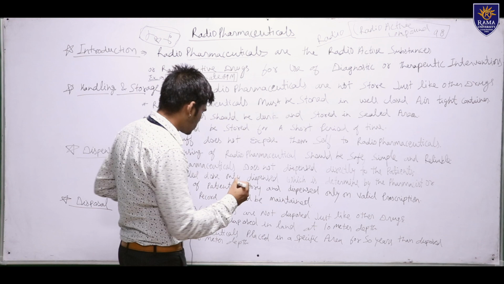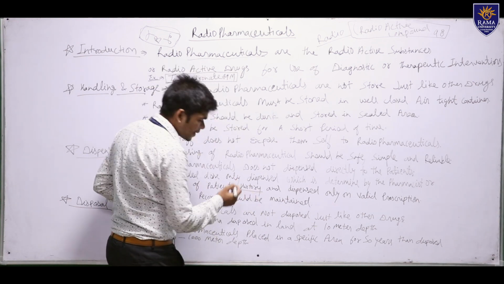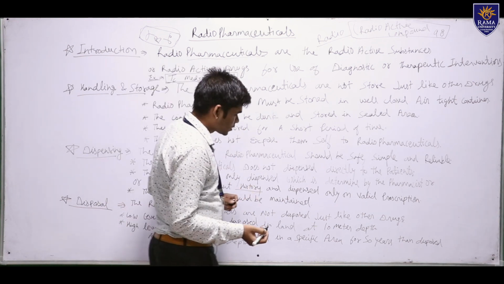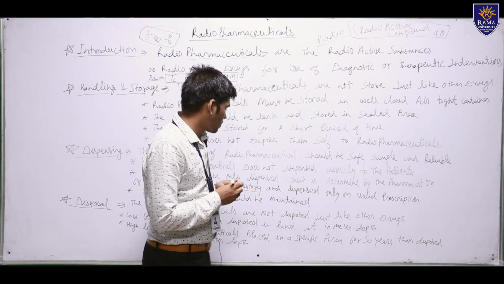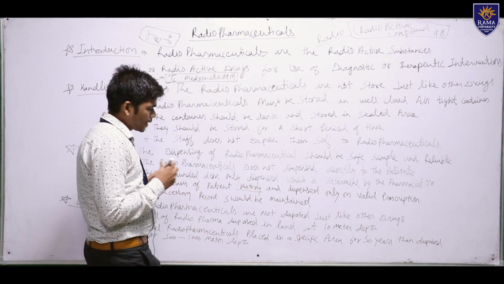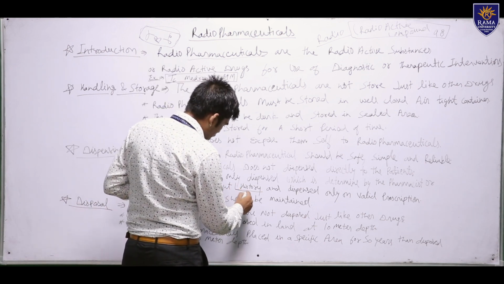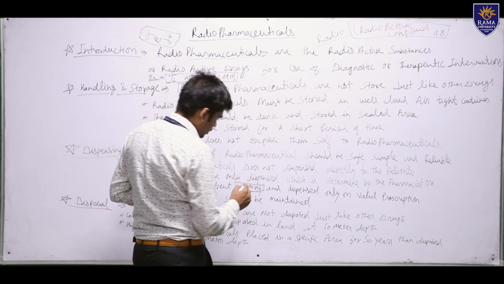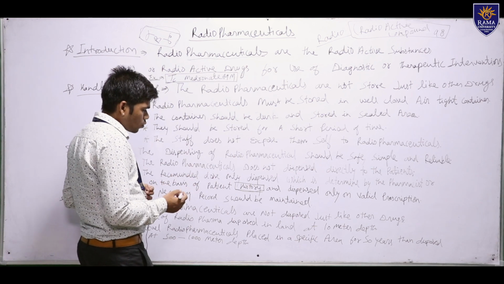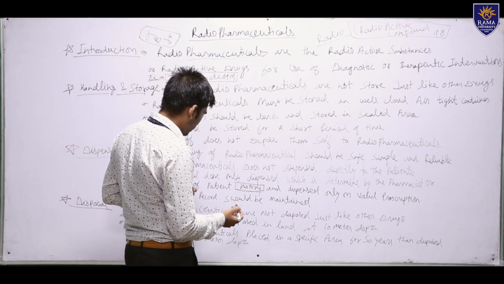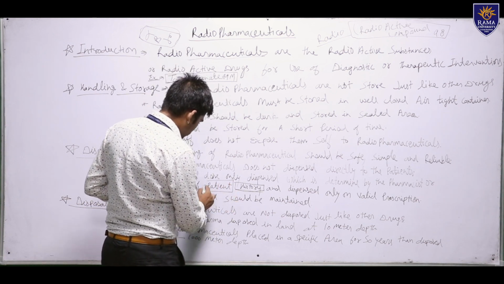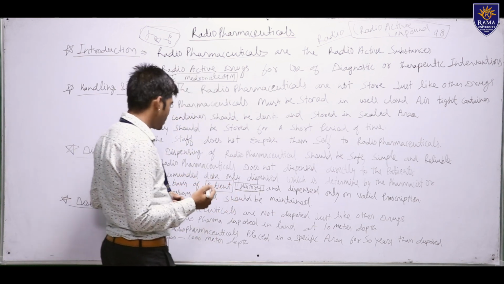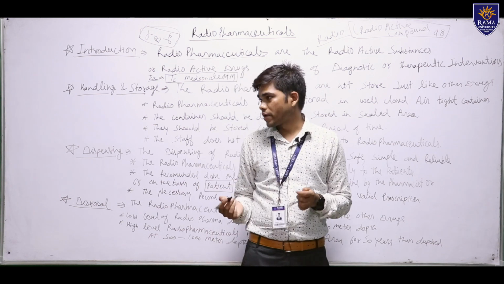Patient history means the age, weight and history of the patient, including how the patient responds to drugs. So doses are dispensed on the basis of the patient's body weight.